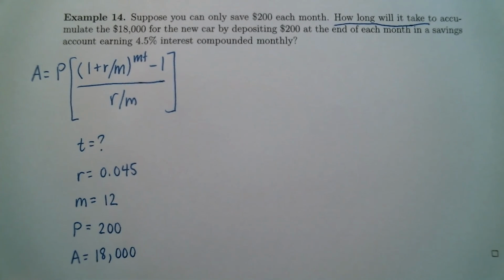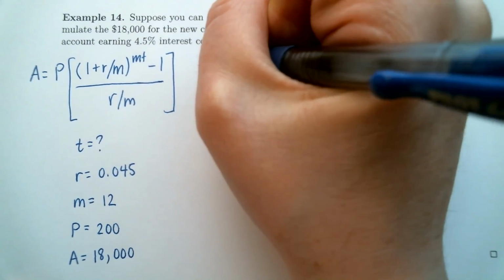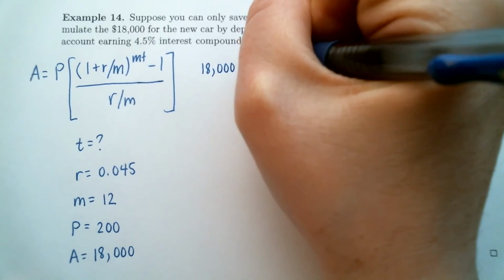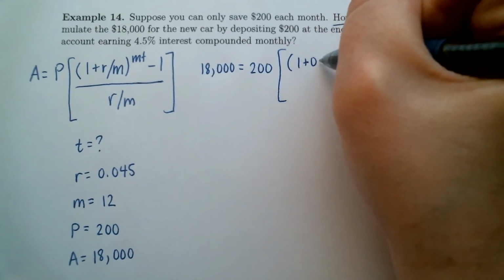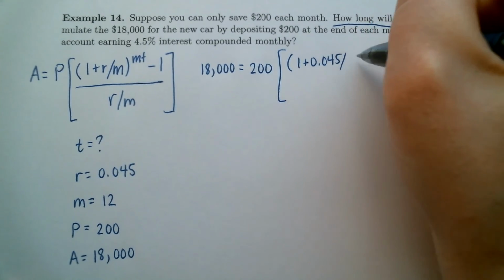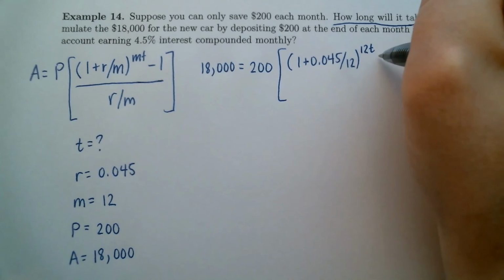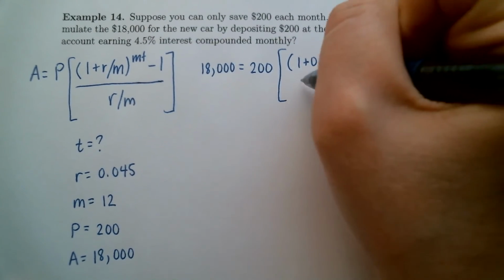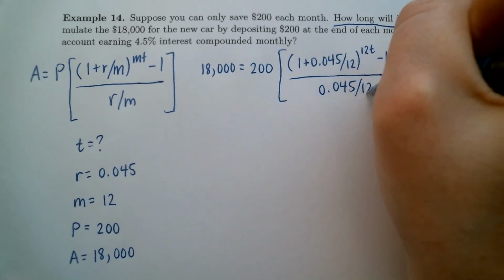That is $18,000. So let's plug in. We get 18,000 is equal to 200 times (1 plus 0.045 divided by 12) raised to the 12t power, minus 1, all over r over n.